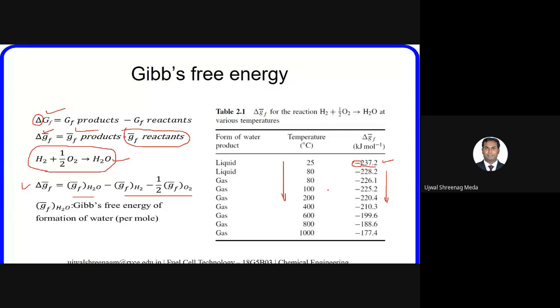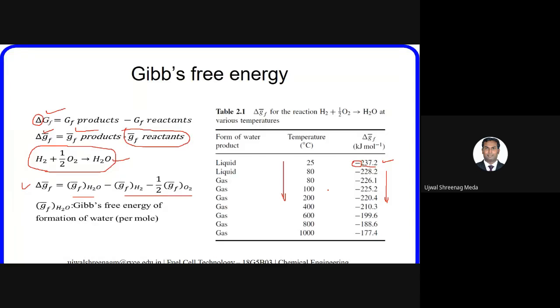Now we need to know how much of this chemical energy is converted. For that, we understood the definition of the chemical potential. It consists of two parts: the usable part and the non-usable part. The non-usable part is entropy and the usable part is Gibbs free energy.